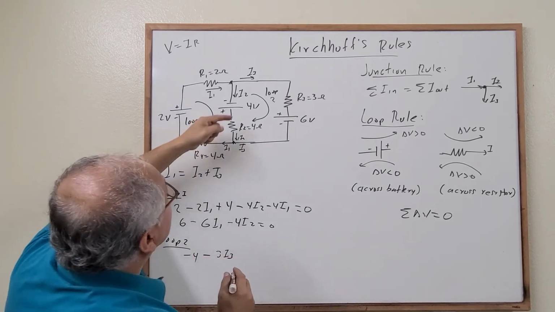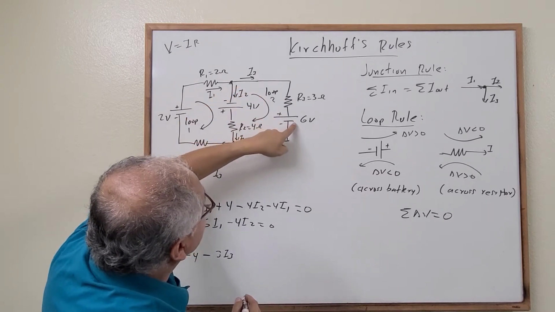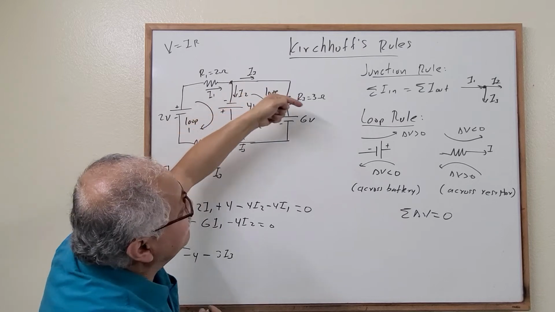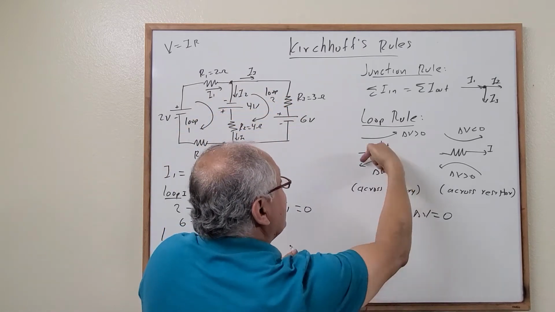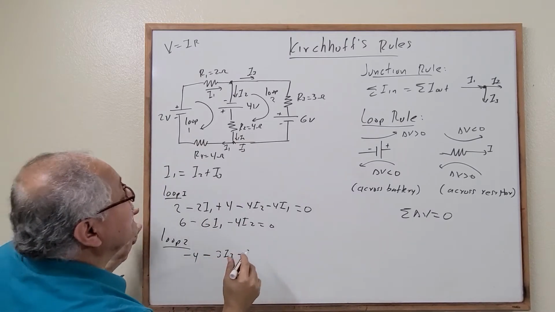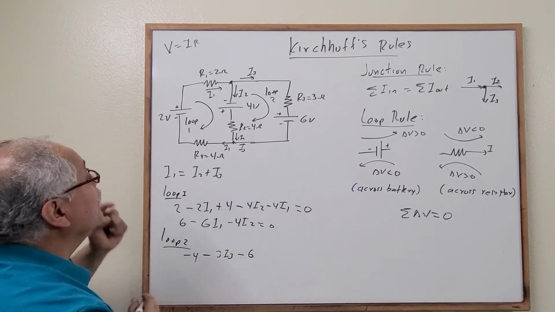Perfect. And then the loop is coming and now meets, let's say, the third battery. It goes from positive to negative through the battery, so the voltage is negative, minus 6. Great.